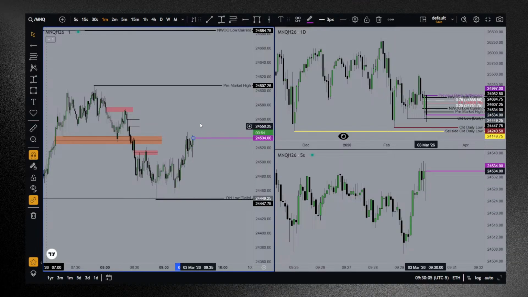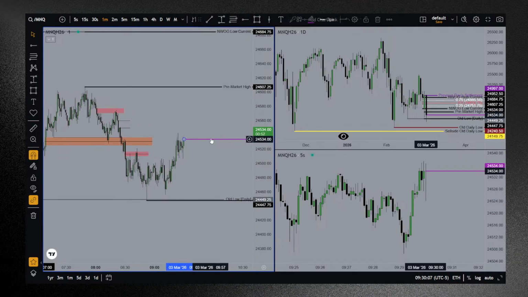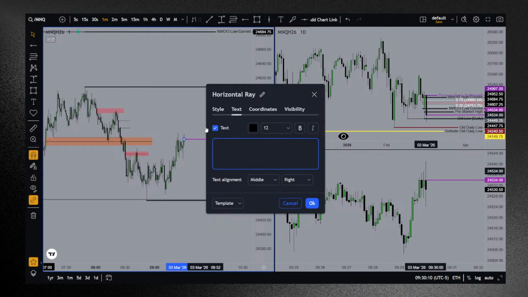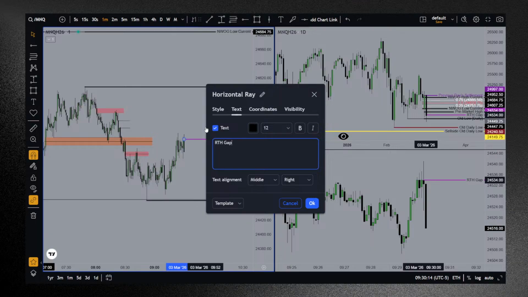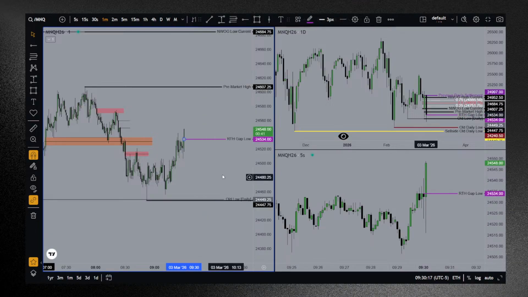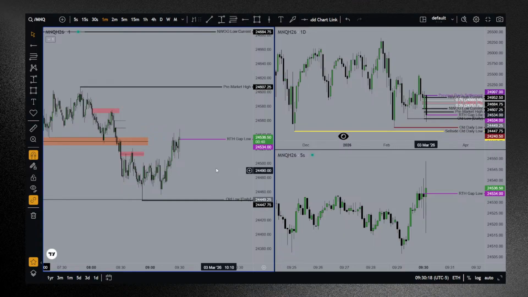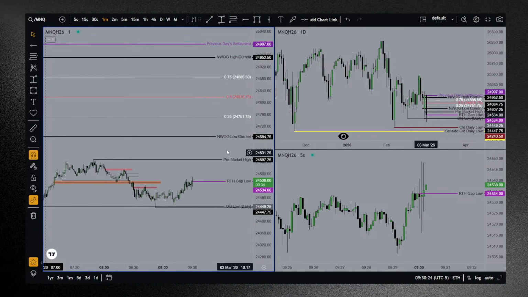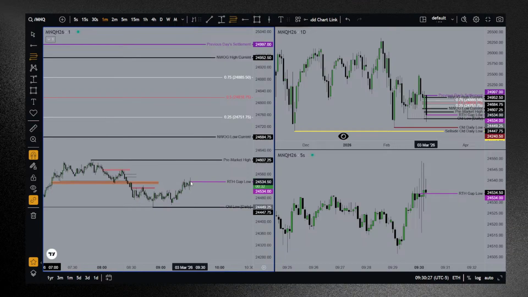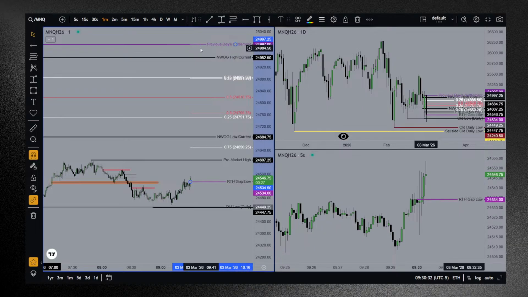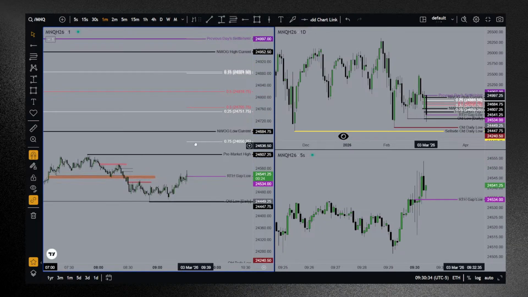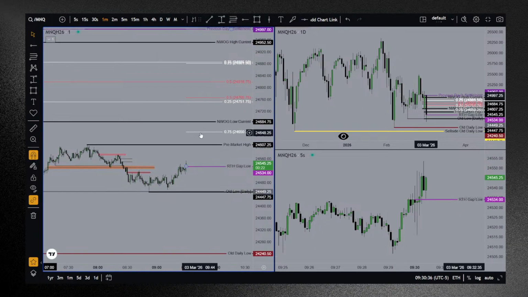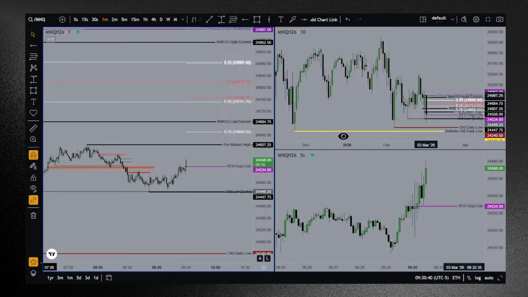Right, so this is the 9:30 open, RTH. Right away I want to do the measurement from the open to the previous day's settlement, and I want to see where the lower quadrant is and where the 50% is.